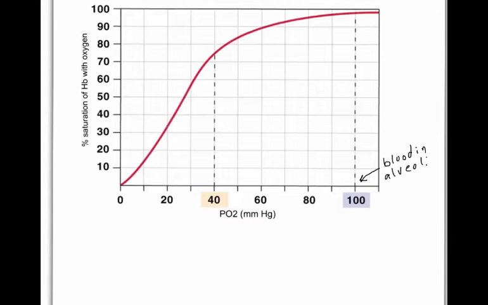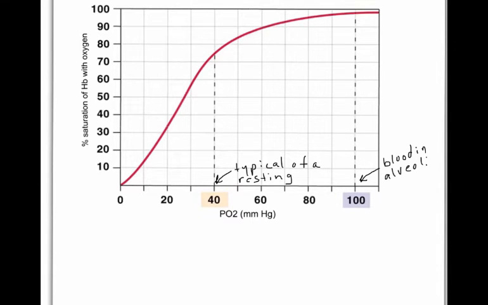Just one other landmark on here, remember the partial pressure of 40. This is typical of a resting cell. So remember when we looked at our drawing of the blood circulating and exchanging with the tissues, we said that the venous blood returning to the heart in a person who's resting typically has a partial pressure of oxygen of 40 millimeters of mercury.